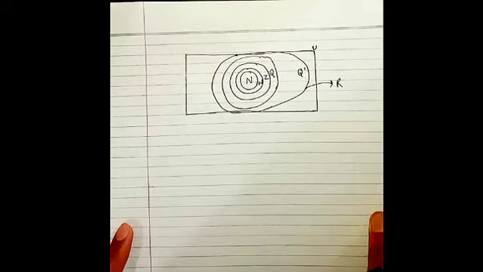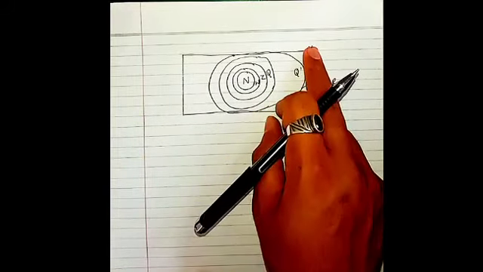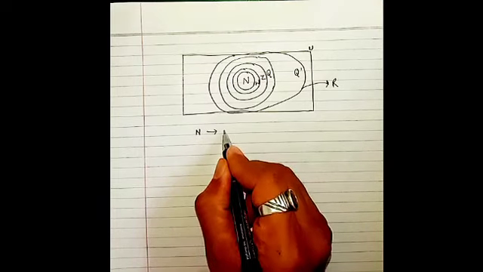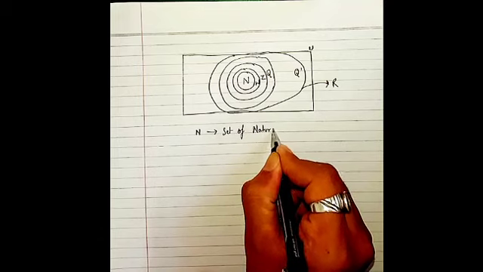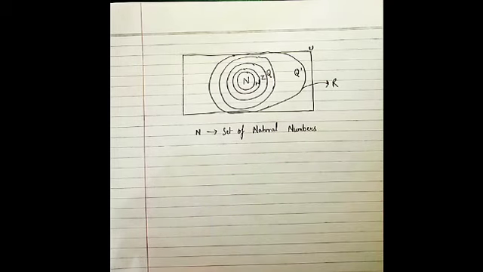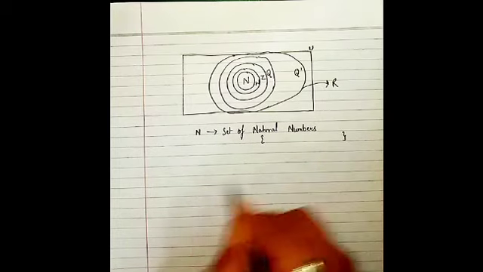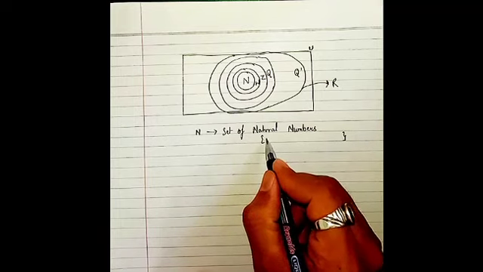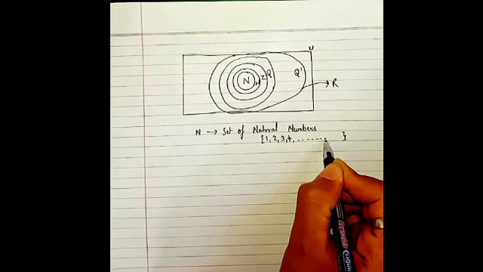If I assume this as my universal set, then N here corresponds to the set of natural numbers, that is, the numbers that I can write in this form as 1, 2, 3, 4 and so on.